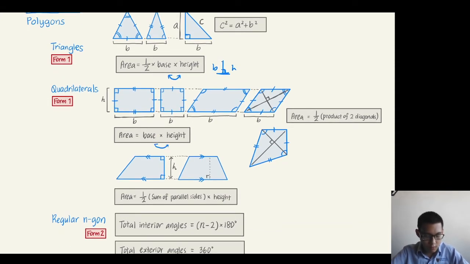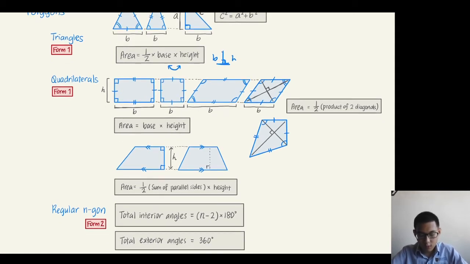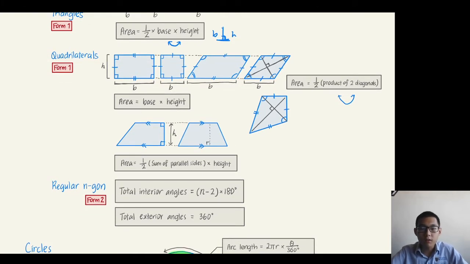Base and height also need to be perpendicular here. With the product of two diagonals, make sure they are perpendicular to each other. So when you find the area, make sure the values you use are perpendicular to each other.